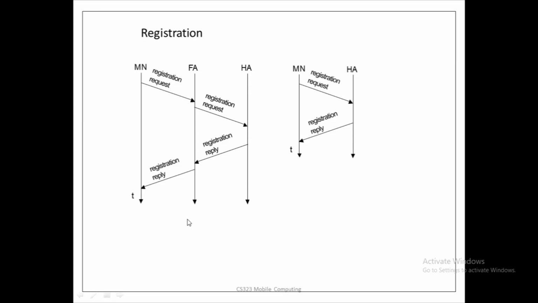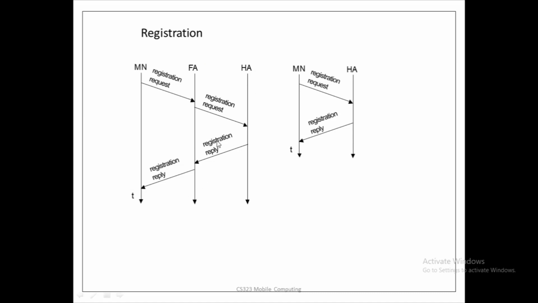So registration can be done in two different ways depending on the location of the care of address. Now if the care of address is at the foreign agent, the registration is done as shown in this first figure on the left side of the diagram.